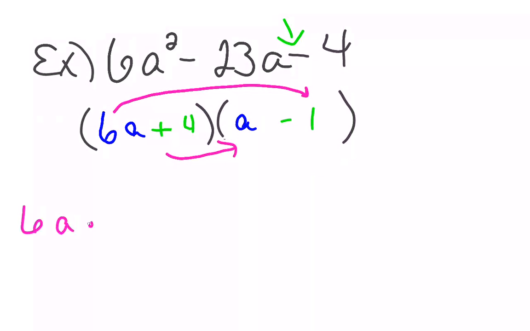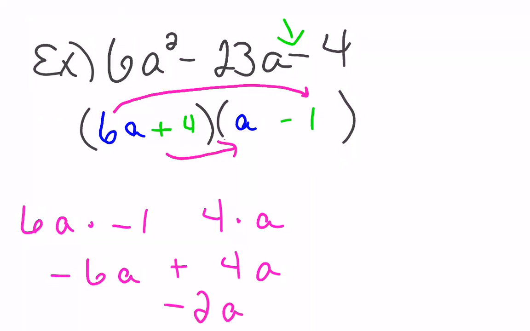So we have 6a times a negative 1 and a 4 times a. Here we get negative 6a, here we get 4a. Negative 6 plus 4 is negative 2a. So that doesn't work. However, it could be that I just put them in the wrong order. So what I want to do is erase these. But now I want to put the 1 here and the 4 there and see if that works.